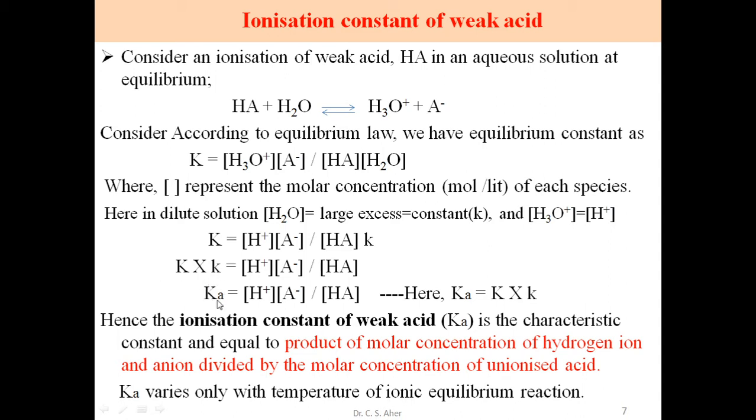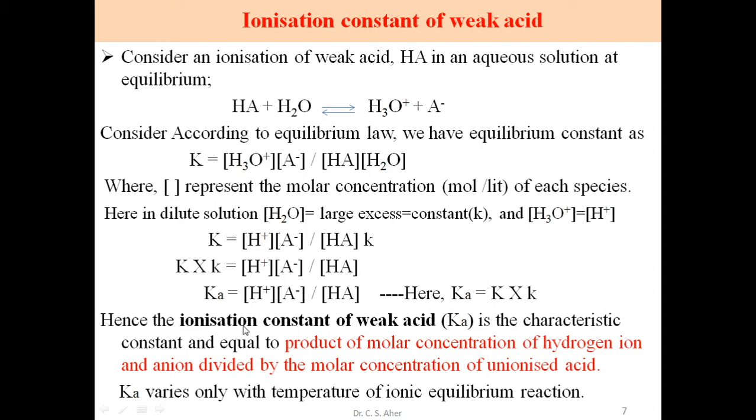It is the ionization constant of weak acid, A. A represents acid. So it is the ionization constant of weak acid and is equal to the concentration of H plus ion times the concentration of anion upon the concentration of undissociated weak acid.